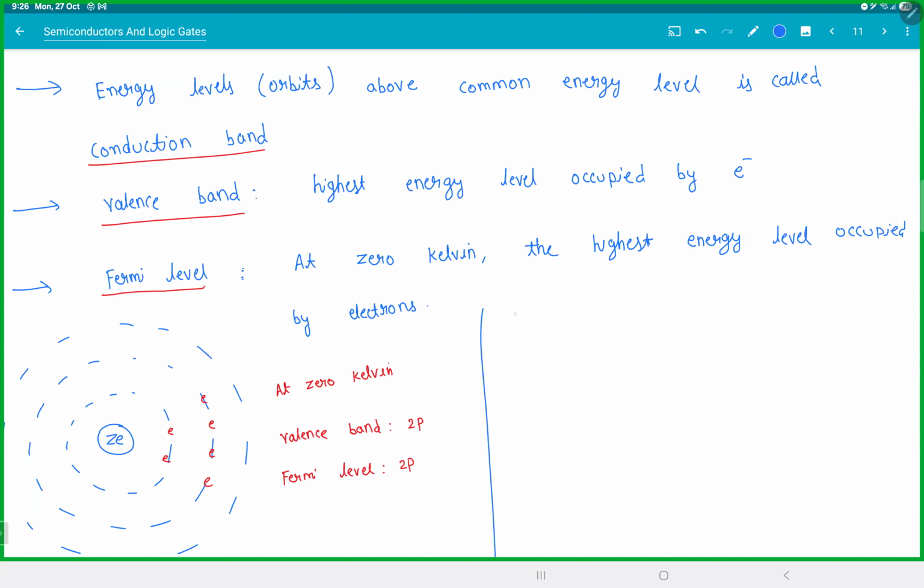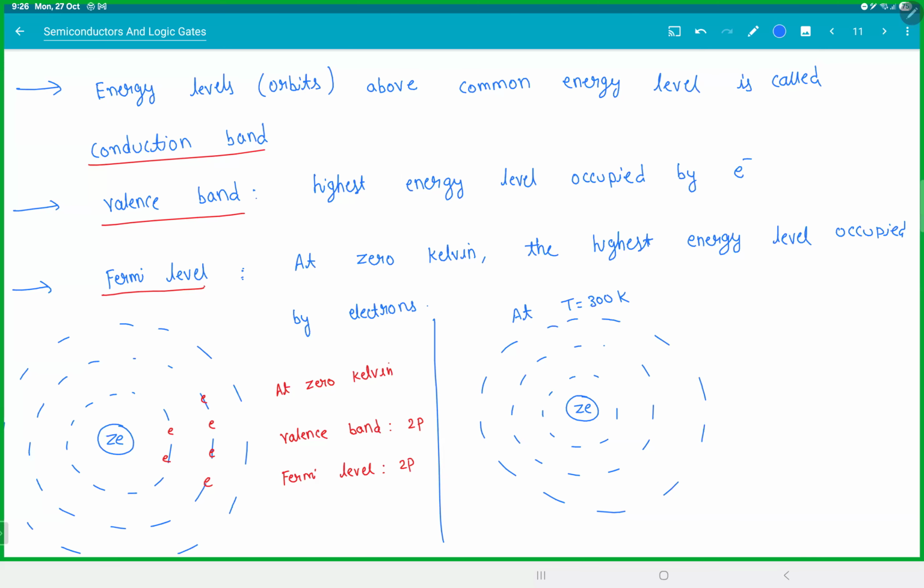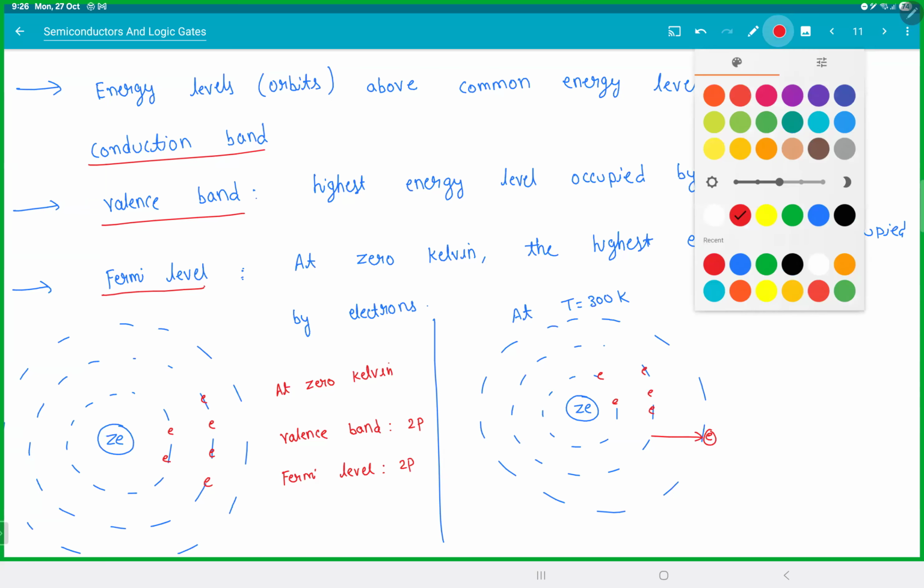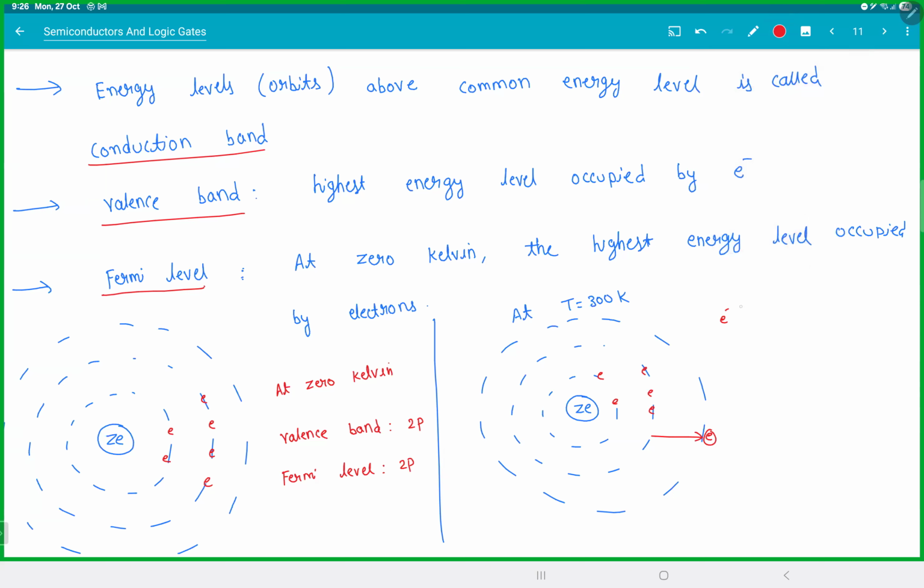But same thing, let's say if you have temperature, let's say 300 Kelvin. Now, because of this thermal kinetic energy, one electron has jumped into a higher orbit. We saw in atomic collisions, if you give temperature, the atoms will collide and electrons get excited.